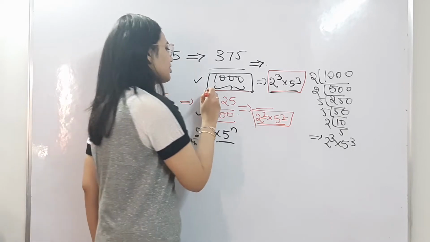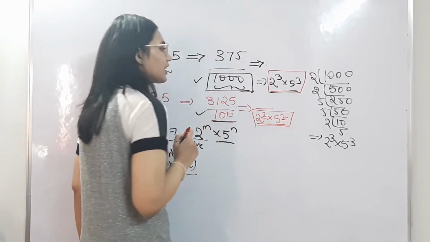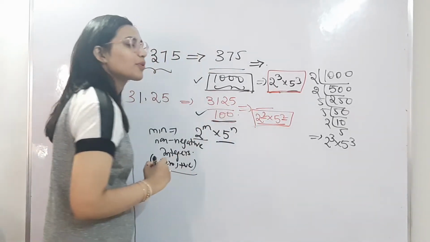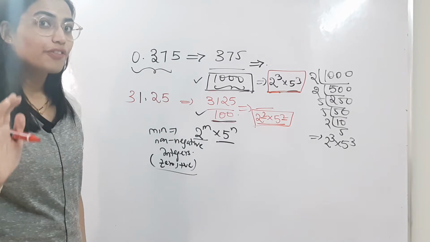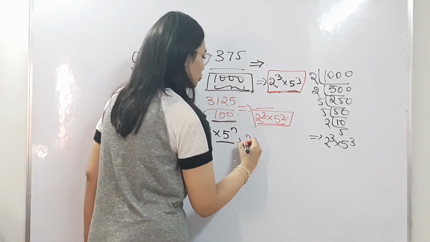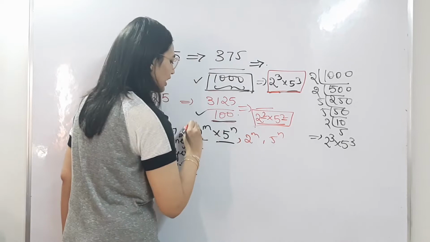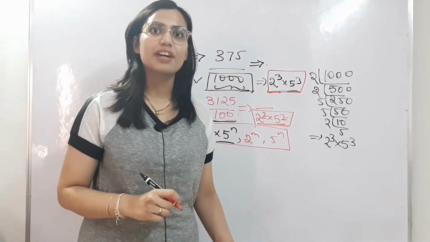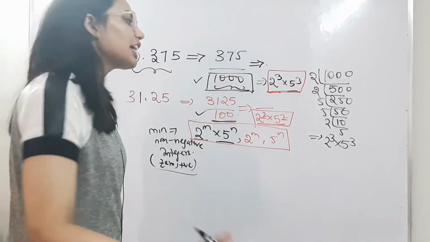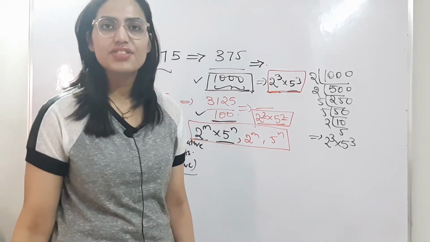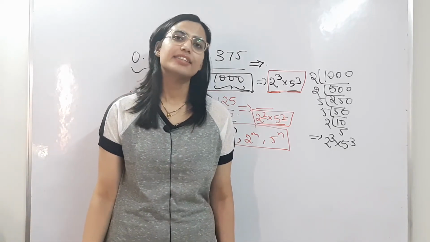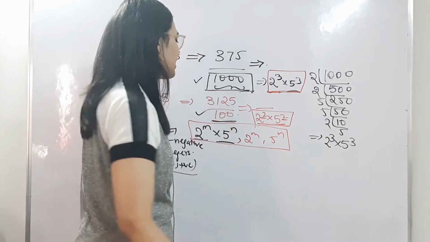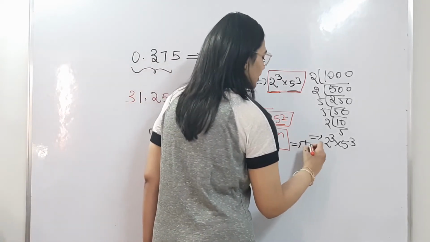You can say that whenever the denominator of a number can be expressed in the form of 2 power of m into 5 power of n, or only 2 power of m, or only 5 power of n, that is, if the denominator consists of only these prime factors after prime factorizing, then you can say for a fact that the decimal expansion of that number is terminating.